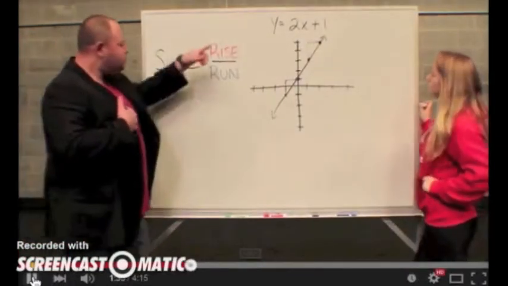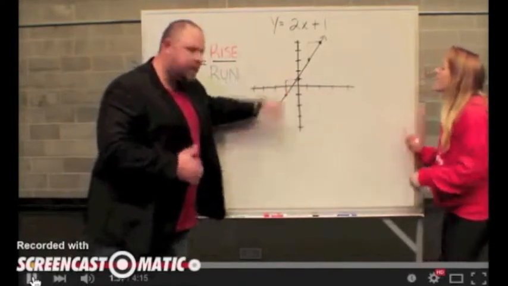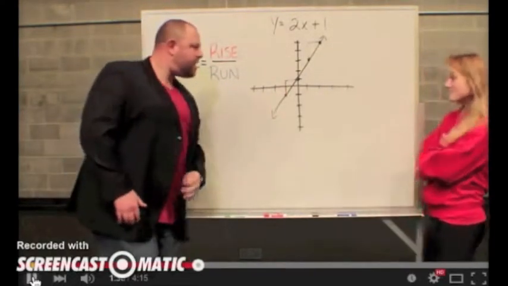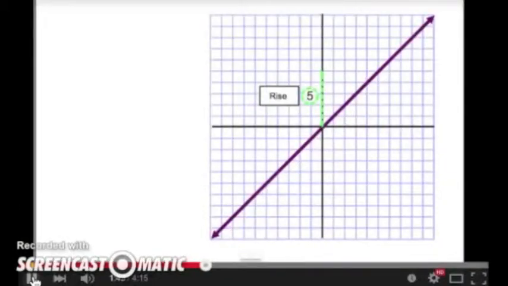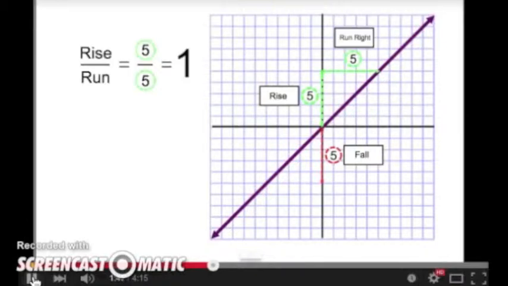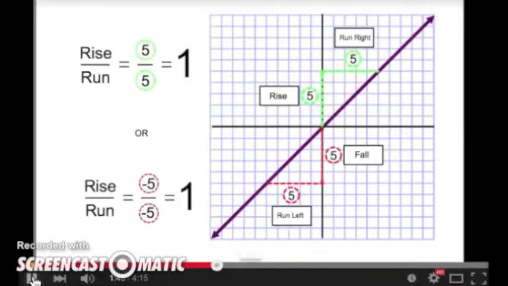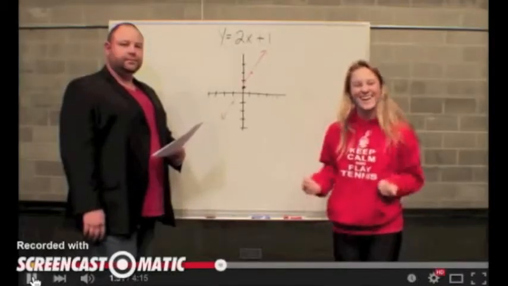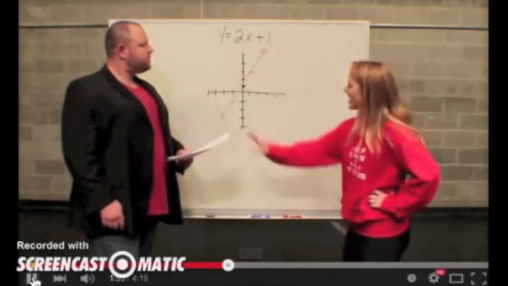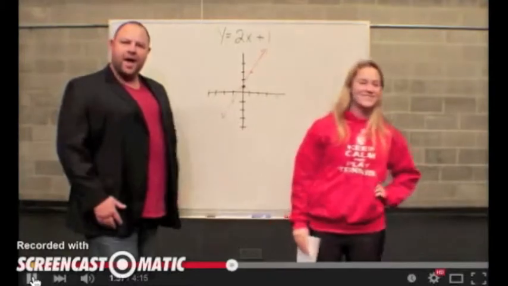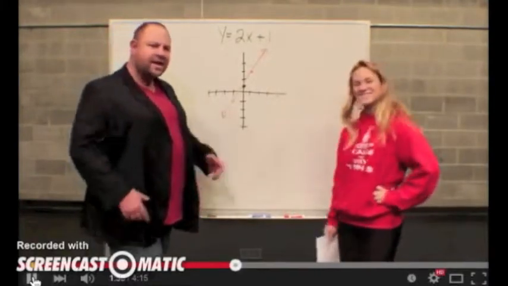Just use rise or run after starting on point B. It's that easy. If you rise up, it's positive. If you fall, it's negative. And if you run right, it's positive, and left is negative. She said, I get it now. Now graph that line for me. She said, give me the test. Whoever thought it could be this easy.